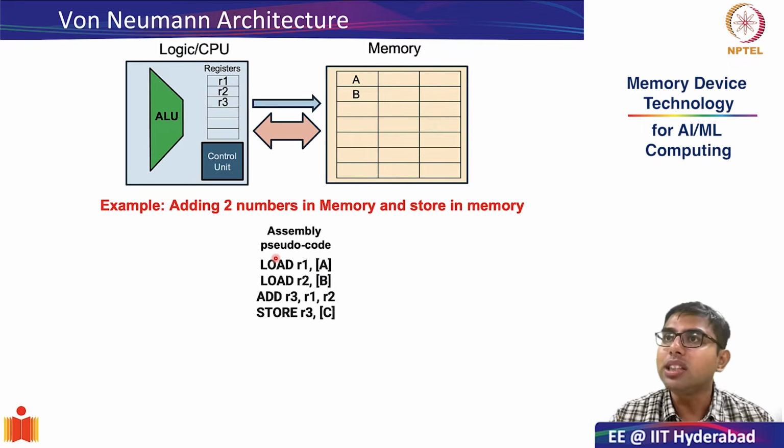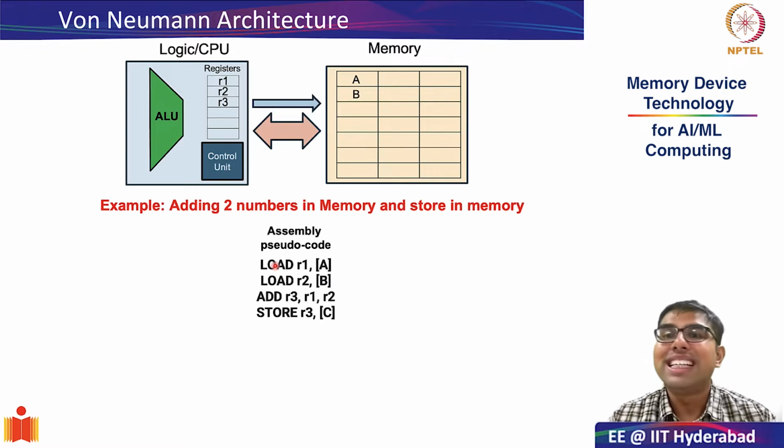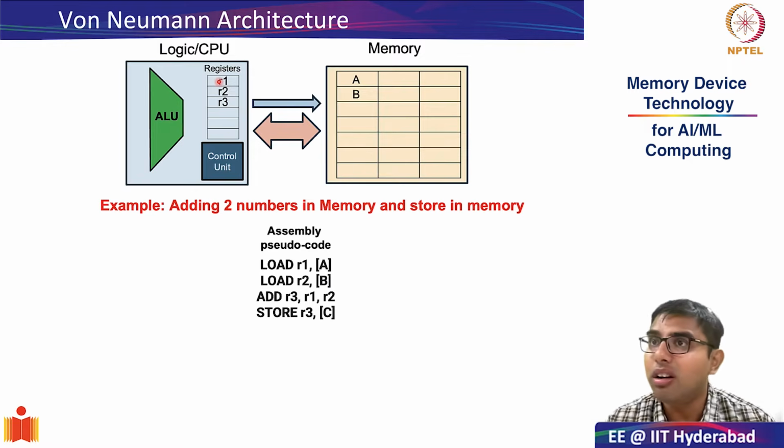Here, the first thing you are doing in this assembly code is load R1, and the square brackets mean from memory location A. So load R1 from A simply feeds the data contained in memory location A to the register R1, which is an internal register.